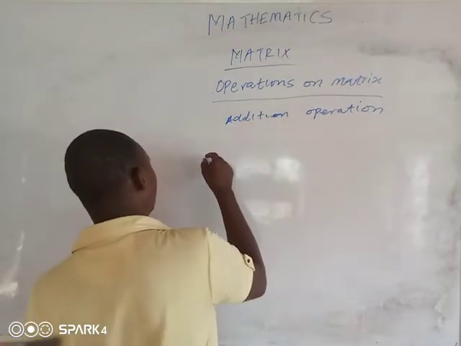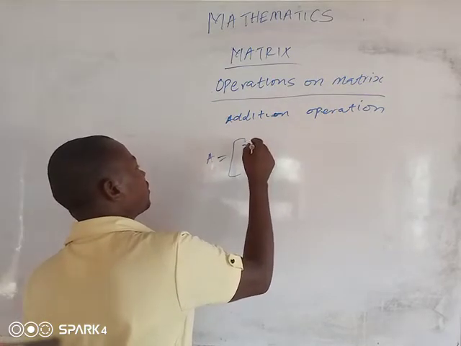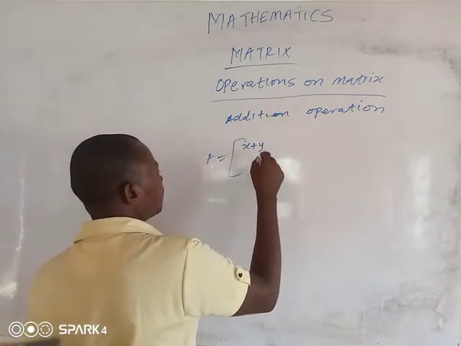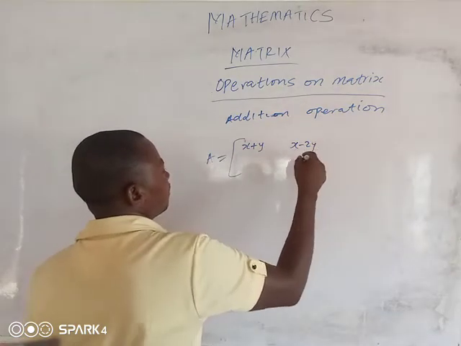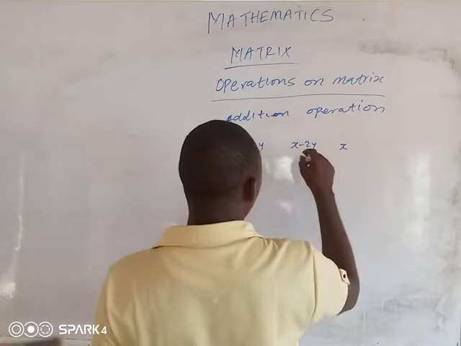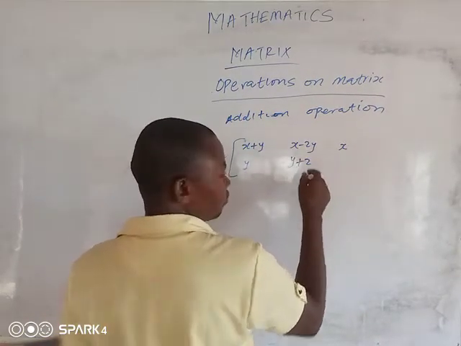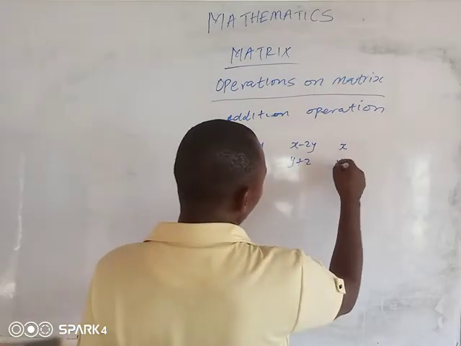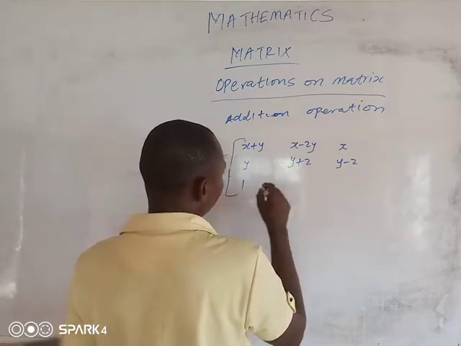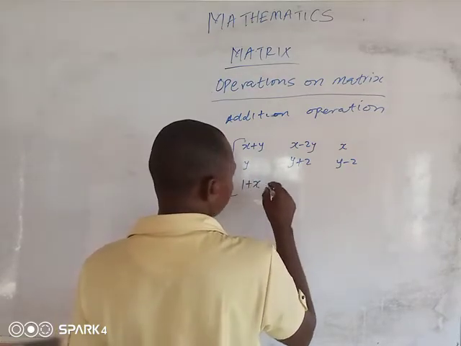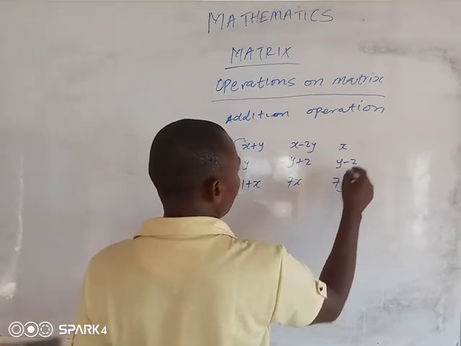Look at matrix A to be S plus Y, S minus 2Y, S, Y plus 2, Y minus 2, 1 plus S, 7S, 7Y.